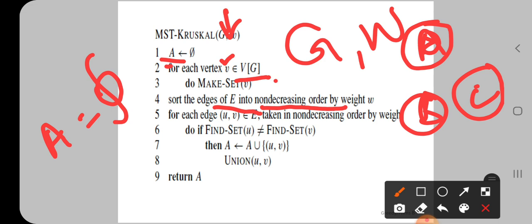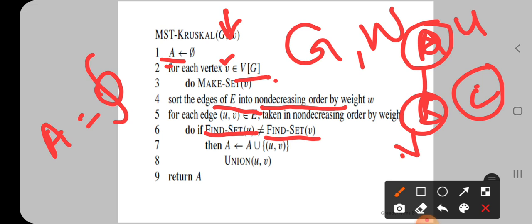Then for each edge (u, v) belonging to E taken in non-decreasing order by weight, we check find-set of u and find-set of v. If A is u and B is v, we check whether they belong to the same component. If it is the same component, we can't add this.